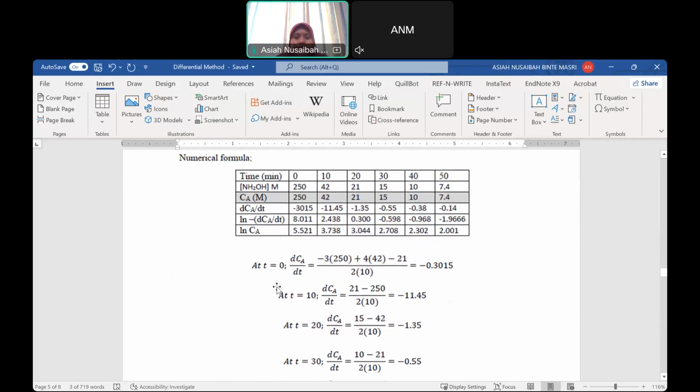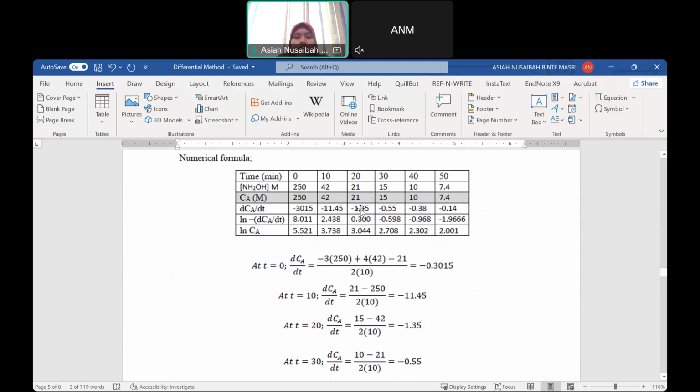Let's see. For us to find at time 0, our dCA over dt, this is not minus yet, it's in positive form. Our dCA over dt equals minus 3 times CA0, that will be 250, plus 4 times CA1, that will be 42, minus CA2, that will be 21, over 2 times the change of time, which is the difference of time. Here 10 minus 0 is 10.